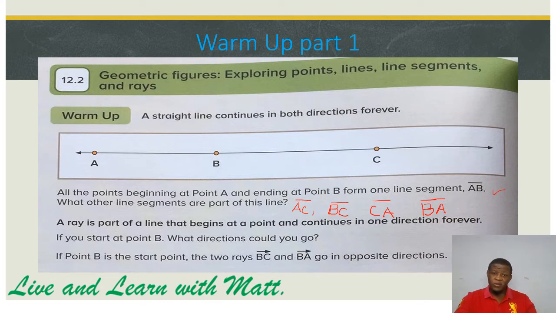BC goes to the right and BA goes to the left. So this we call a ray, and we use an arrow at the top.